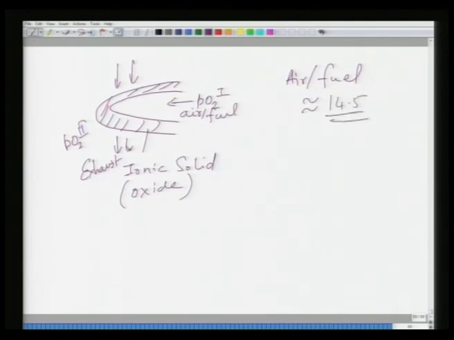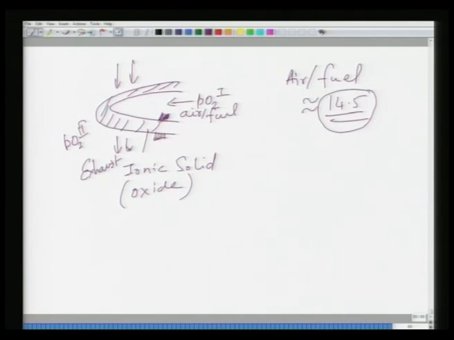Now, what happens is that above this ratio the burning is in such a manner that hydrocarbons and carbon monoxides decompose efficiently, but below this you have NOx gases which burn efficiently, but carbon monoxides and others do not. So, as a result you need to maintain this ratio quite reasonably well. Now, this is where you take the signal between these two sides.